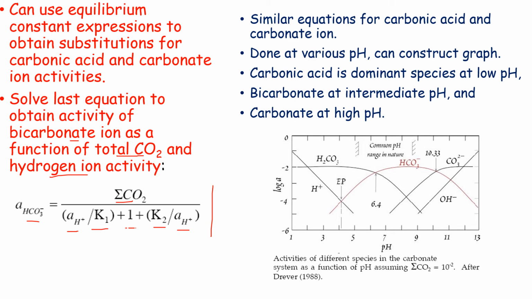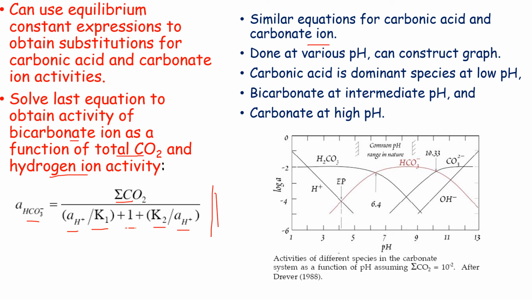Again, you don't have to remember this, but you just need to understand that you can obtain an expression and simplify this to solve many equations. Similar equations may be found for carbonic acid and the carbonate ion as well.